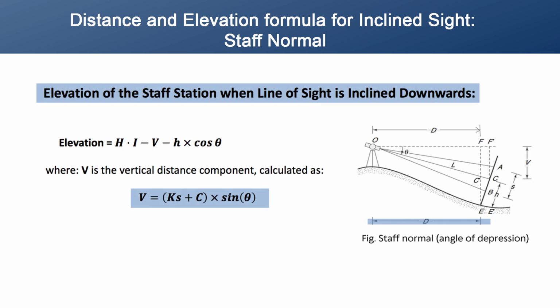And the elevation of staff station when the line of sight is inclined downward will be elevation is equal to height of the instrument minus V minus h cos theta. Here V is a vertical distance component which was calculated earlier, and it is equal to (Ks plus C) into sin theta.